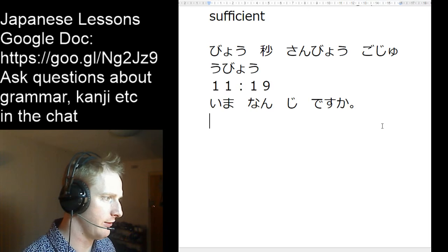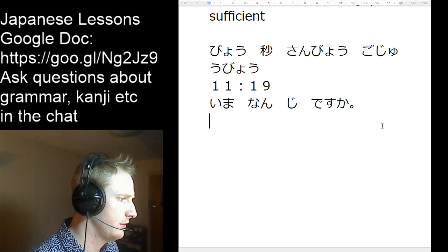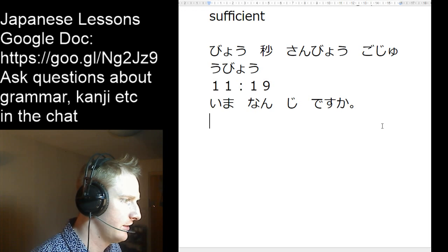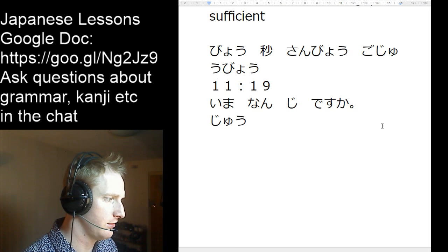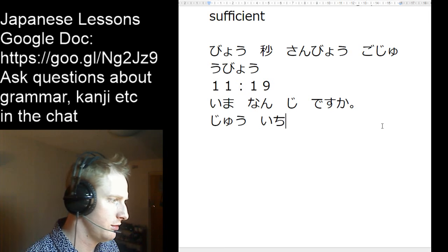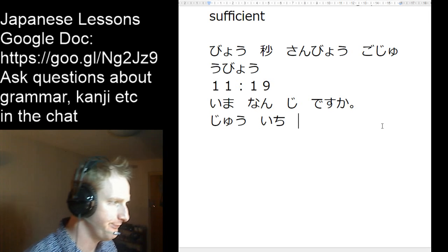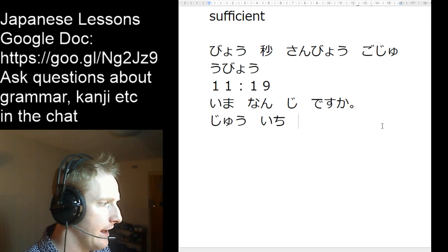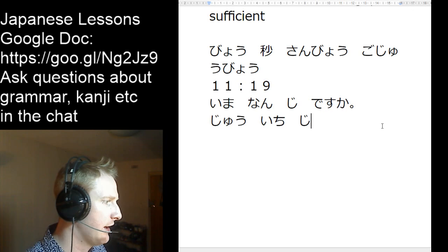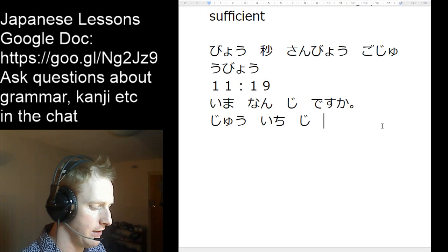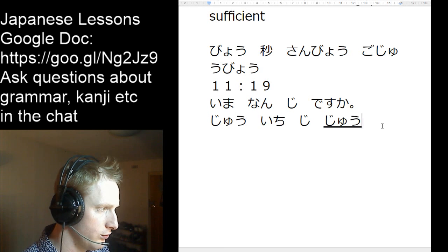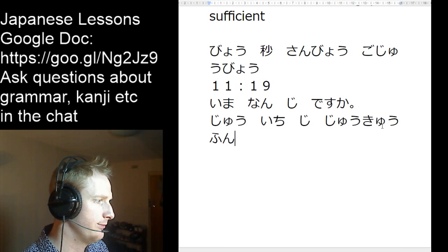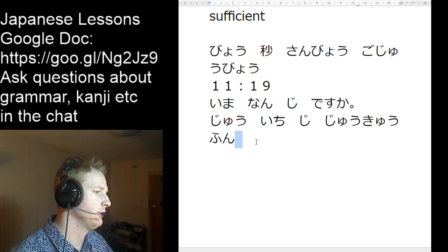So when we do it, hours first, then minutes. So how do we do 11? Well, we do 10 and 1. So 10 is ju. And we have 1, which is ichi. And then we add ji. Okay, so 11 o'clock. And then 19分.